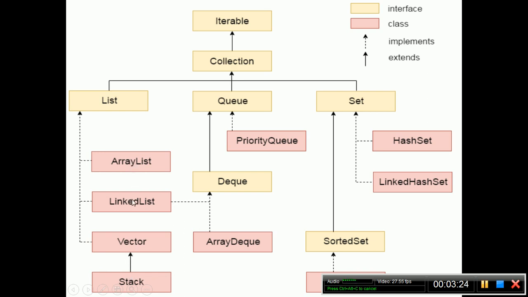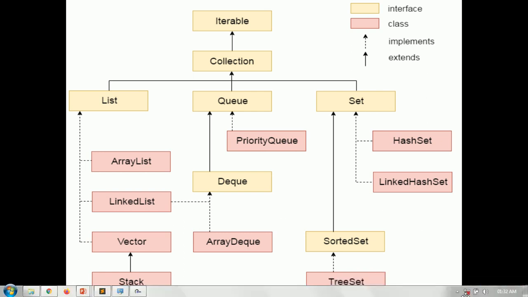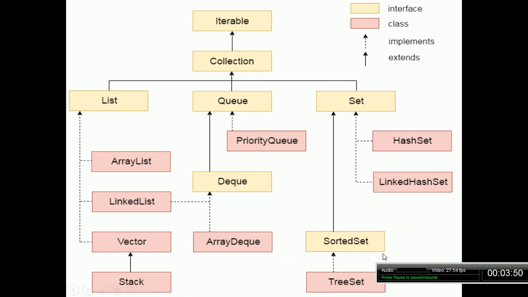All of array list, linked list and vector implement the list interface. We have priority queue as a class that implements the queue. We have DQ as an interface that extends the queue, and also array DQ implements the DQ. Similarly for the sets. Is it fine? So this is the entire hierarchy, how it is arranged in the util package: the classes and the interfaces.